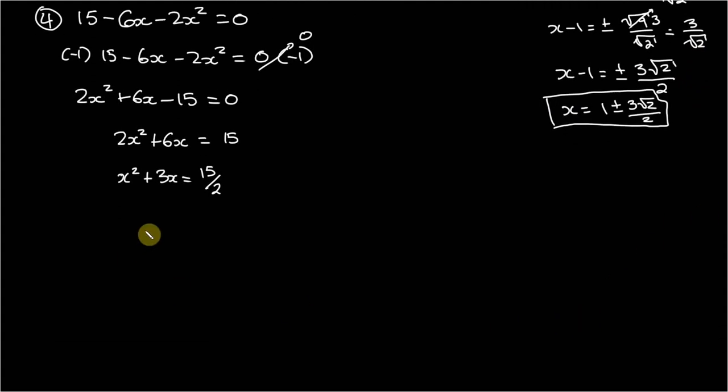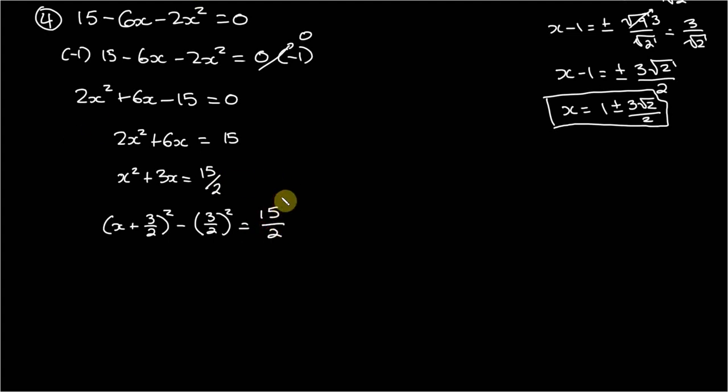Now we can complete the square on the left side. So we want to again divide the coefficient of the x term by 2. So that's going to leave us with x plus 3 over 2 squared minus 3 over 2 squared. And that of course is still set to equal 15 over 2.